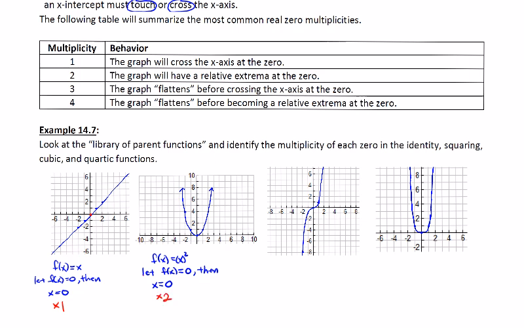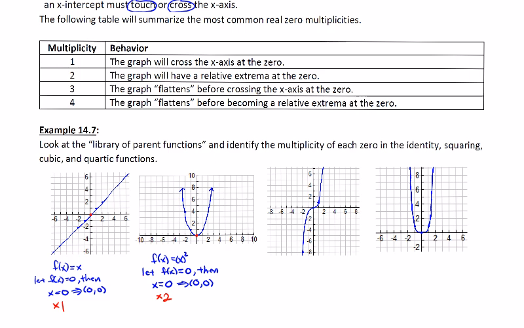So we would think of that as having a multiplicity of 2. So if I go to the x-axis at 0, which is where the x-intercept should be, keep in mind that when I say x equals 0, that can also be translated into the ordered pair 0, 0. So we have the ordered pair 0, 0 as our x-intercept, and with the squaring function, we are not going to be crossing the x-axis.